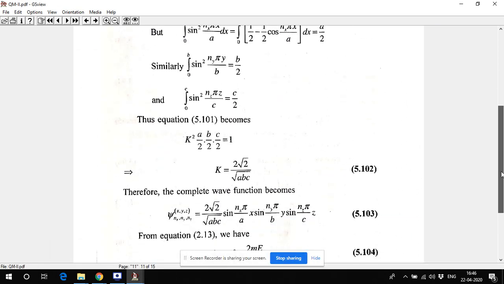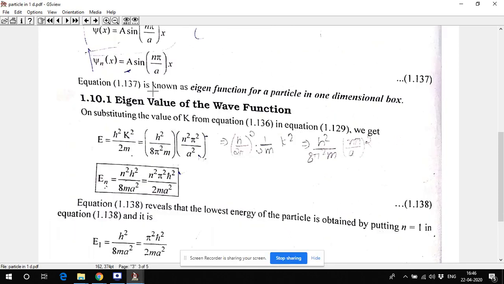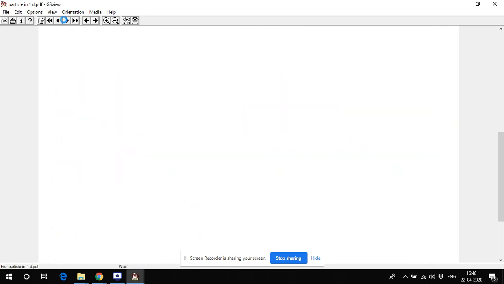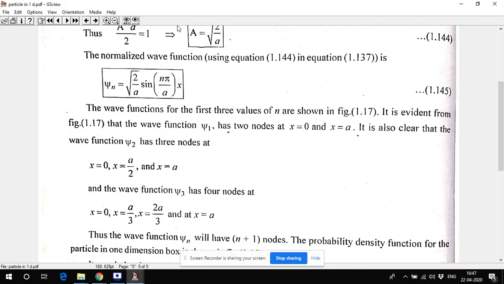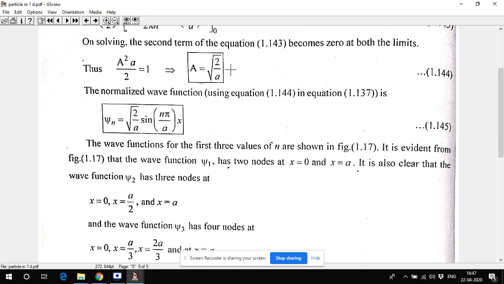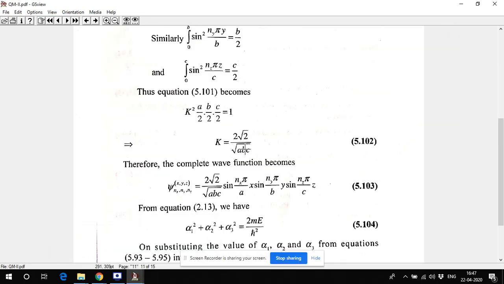Now I have the value of k, and my wave function for all three dimensions becomes root 2 by abc. In that earlier derivation, it was root 2 by a, with a being the constant we derived. So now it is not just root 2 by a; it is root 2 by a, root 2 by b, root 2 by c, and hence we will have 2 root 2 divided by root of abc. So this is the formula of the wave function.